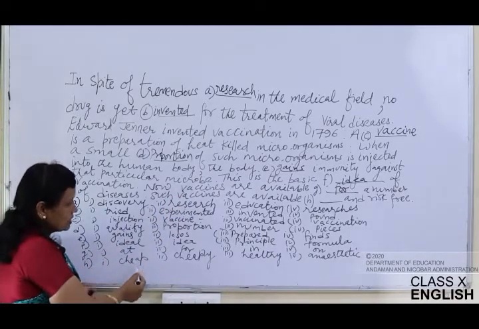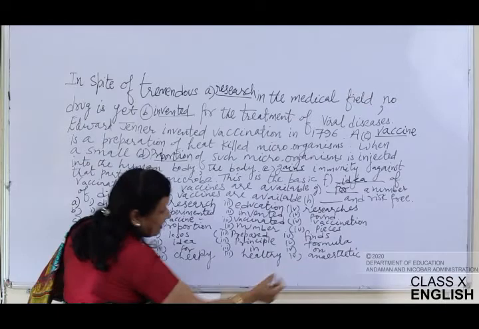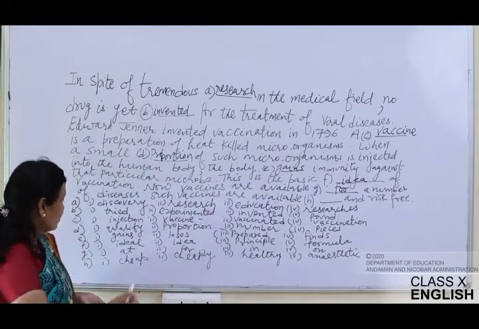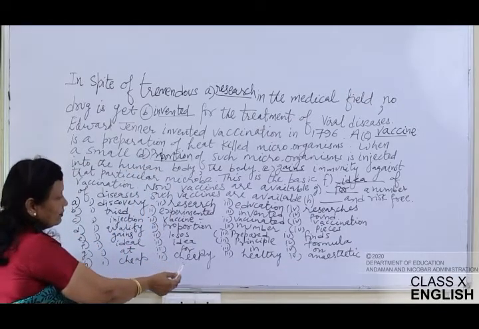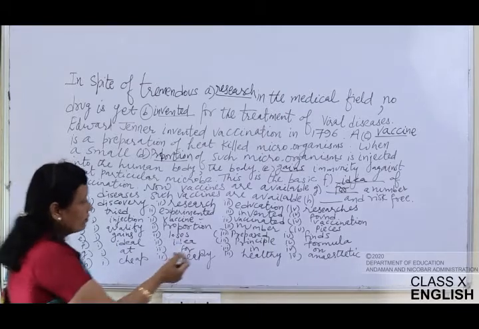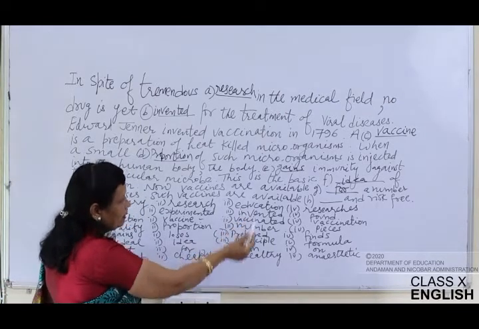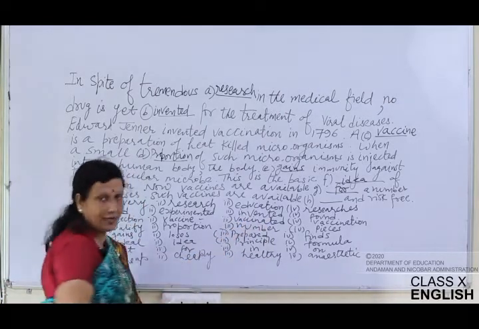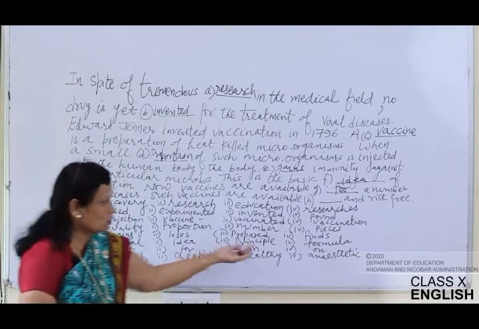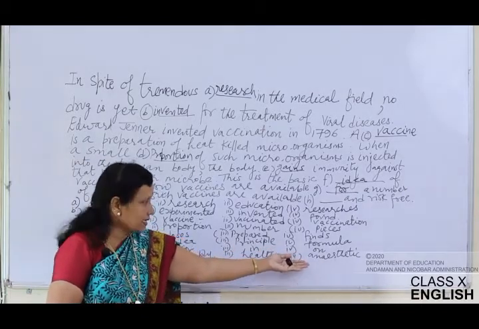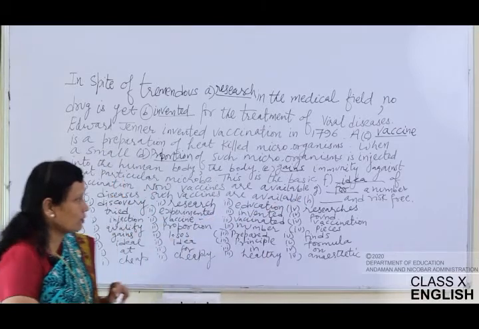Such vaccines are available blank. Here the options are cheap, cheaply, healthy and anesthetic. We will not say cheaply, healthy or anesthetic. Those are totally different terms and have nothing to do with this blank.